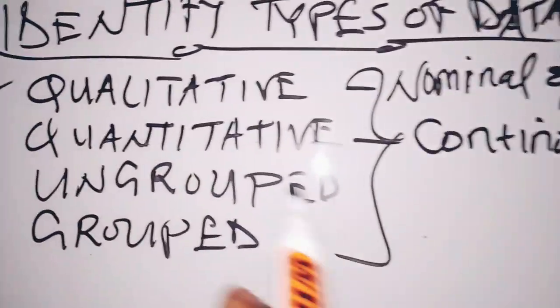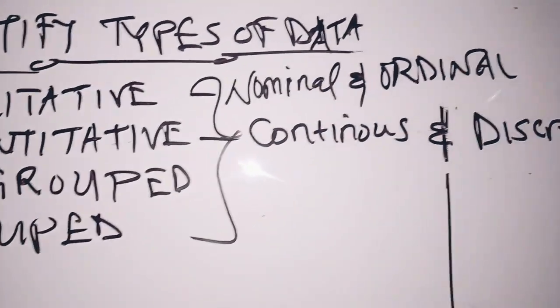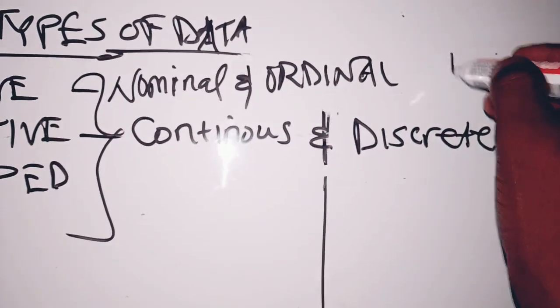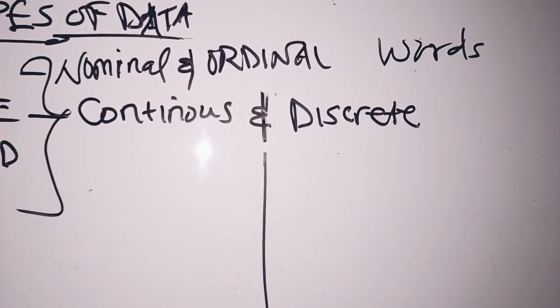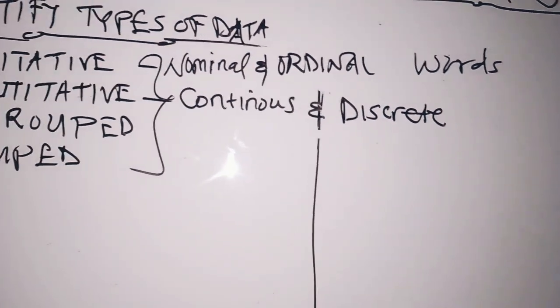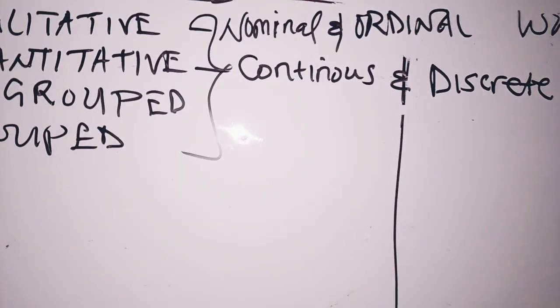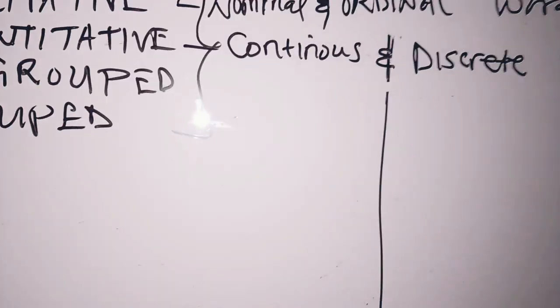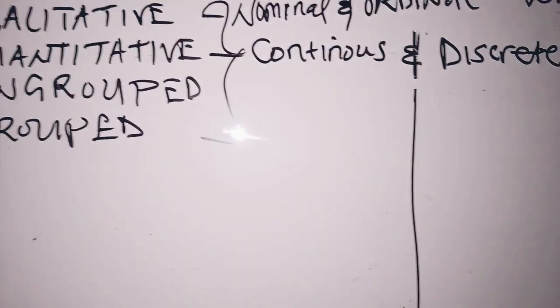Qualitative type of data deals with words. It involves the 5 senses: sense of smell and all the 5 senses. It is based on describing as you are collecting the data.